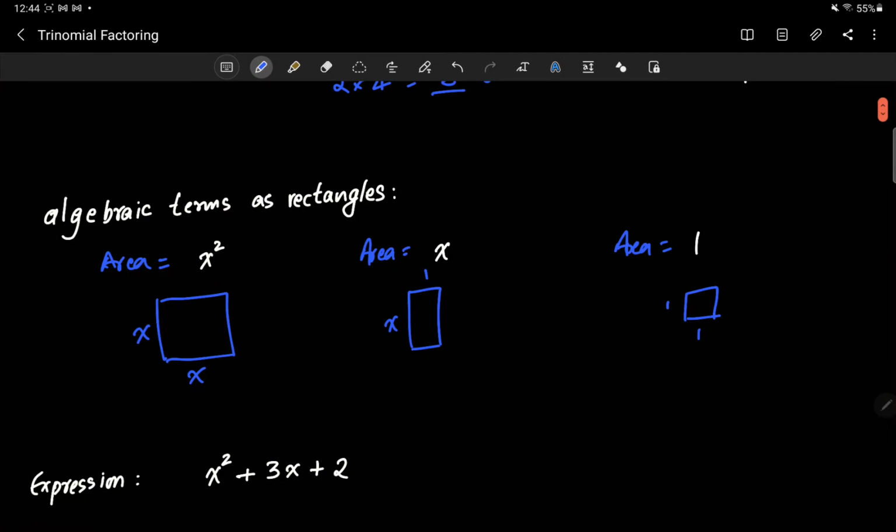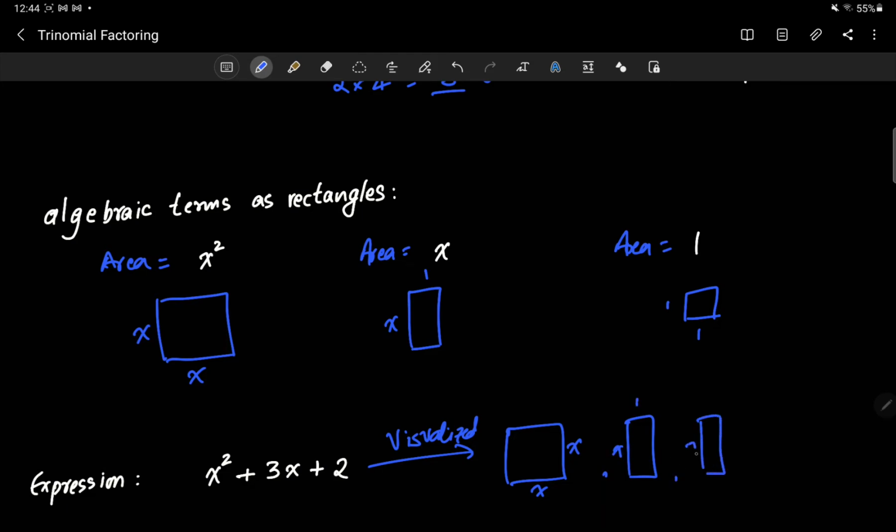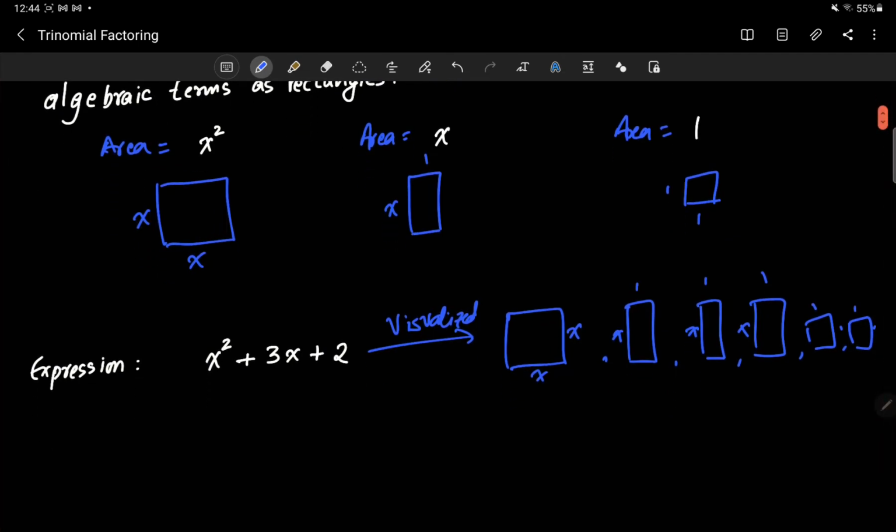This means that the algebraic expression x squared plus 3x plus 2 can be visualized as 1 x by x square, 3 x by 1 rectangles, and 2 1 by 1 squares. Okay, now what does this plus indicate?